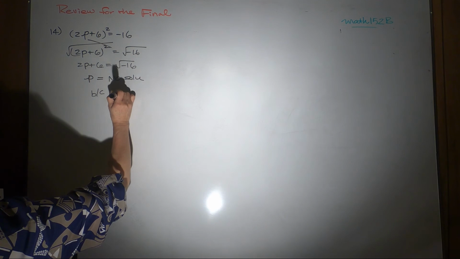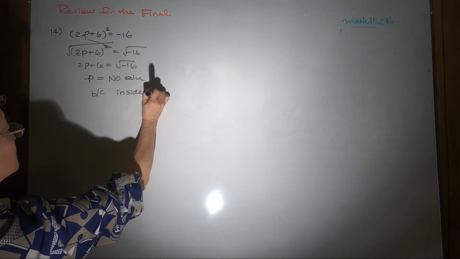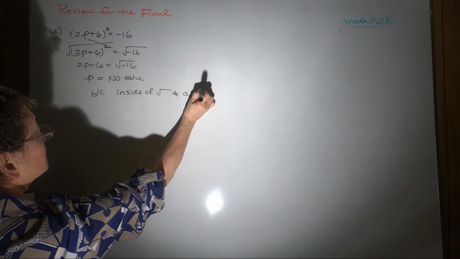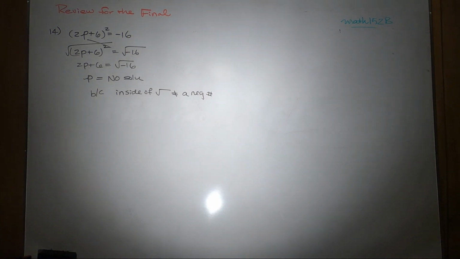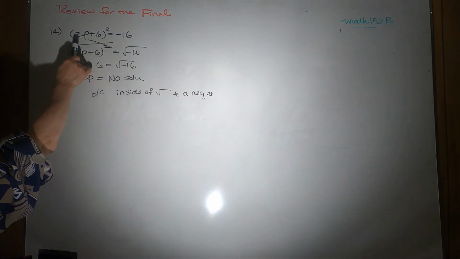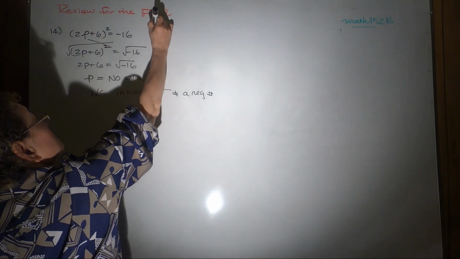Because the inside of an even root cannot be a negative number. Okay? Or you can start at the beginning. You can say P has no solutions. Or you can do it this way.